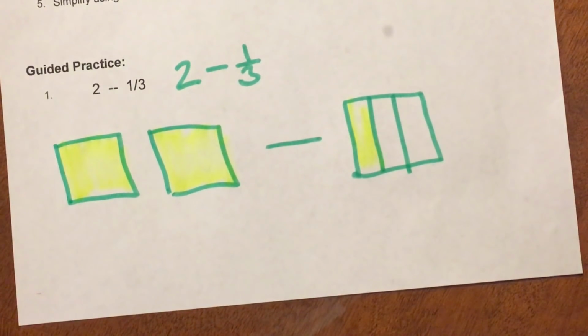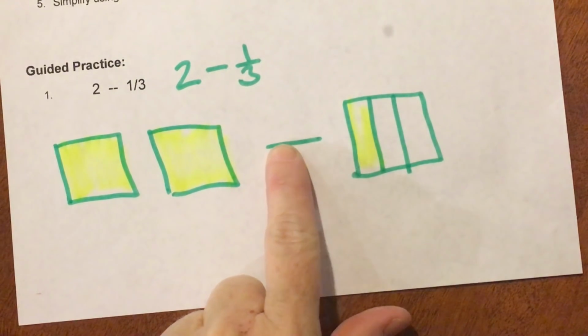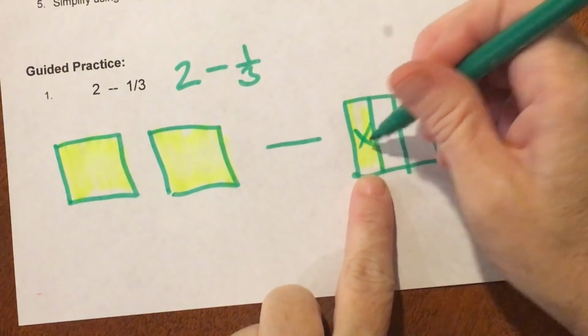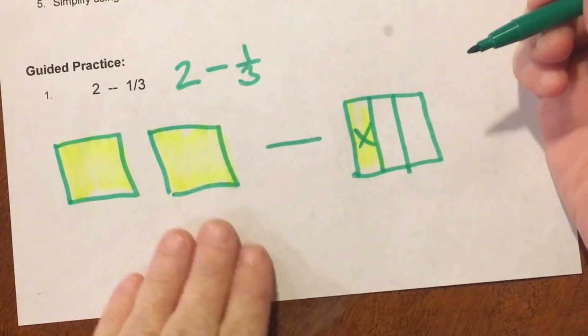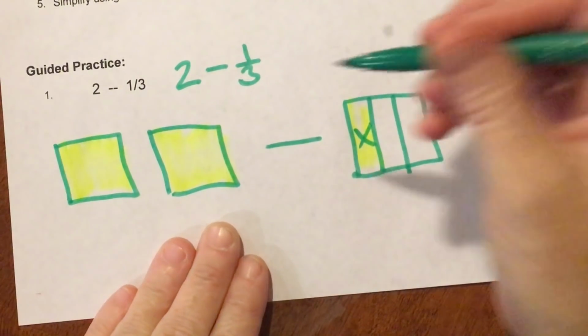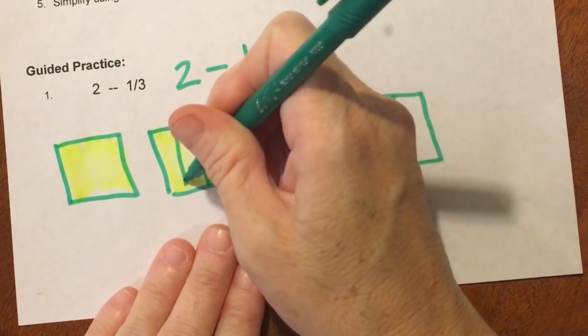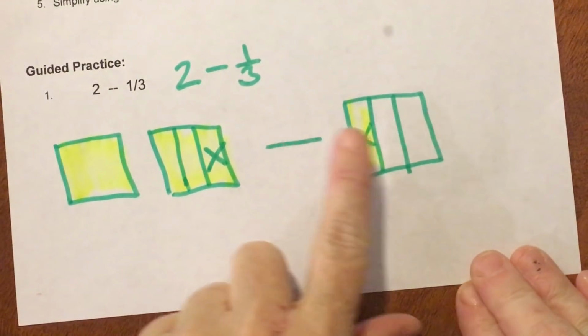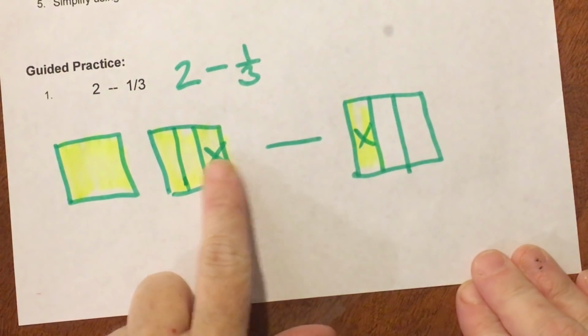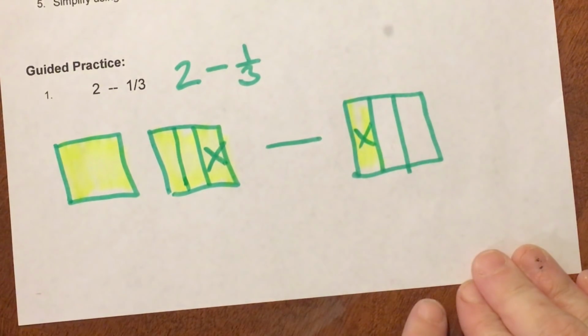Next it says I'm gonna subtract, and I always start with the fraction, and I might need to regroup. So they want me to take away 1 piece, 1/3. Well, I come over here and there's nothing cut up, so I need to cut it up and take away 1 of them. So they said take away 1, so I took away 1. There's no wholes they want me to take away.